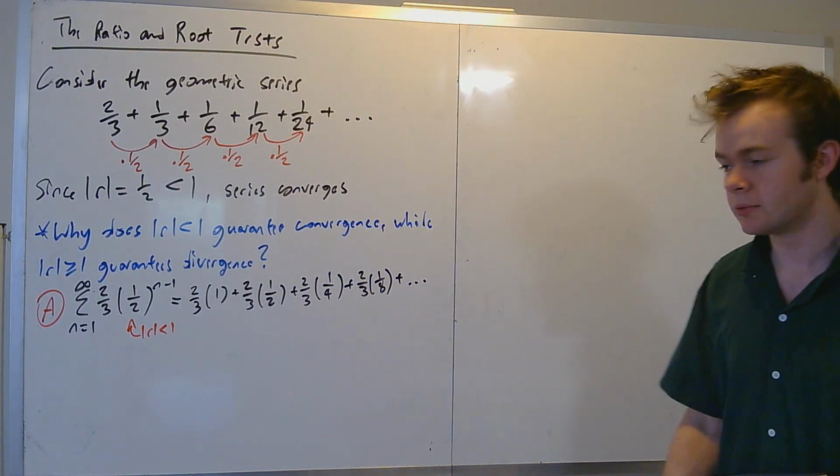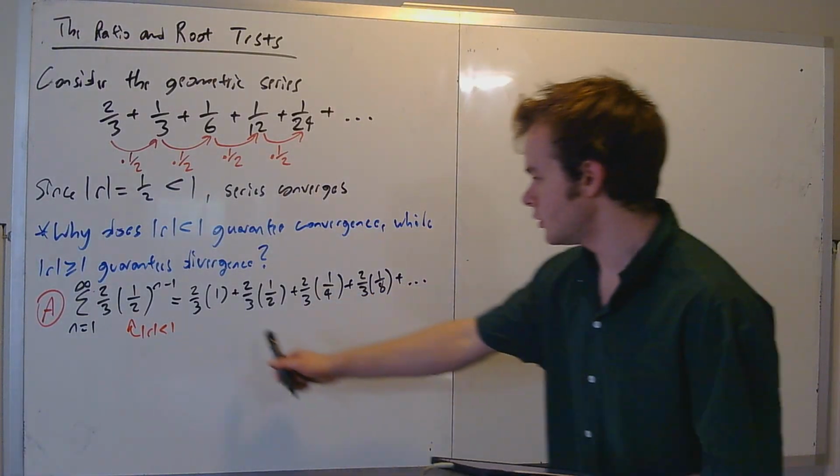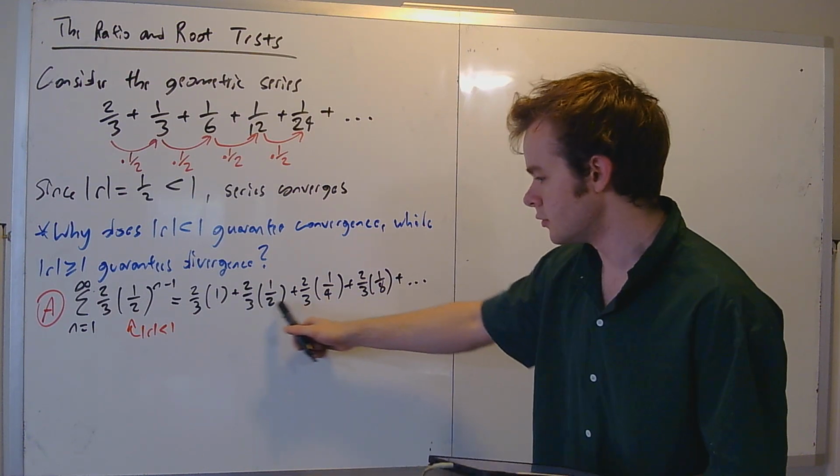So that's what happens whenever we have absolute value of r less than 1. And you can see here, each term is getting much smaller very quickly.